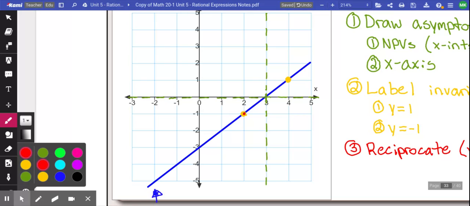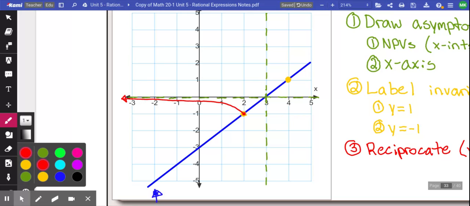I'm going to put my pencil on this one. And then you are going to move towards one of your asymptotes, and then you're going to run beside your asymptote as if like a dog running beside a fence. So I'm going to go up and then along this asymptote like that.